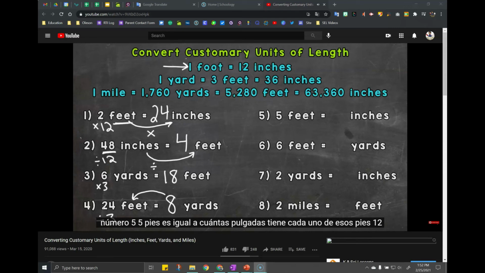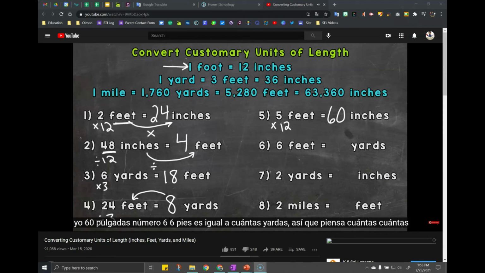Number 5. 5 feet equals how many inches? Well, each one of those feet has 12 inches, right? And I have 5 groups of 12. So I'm going to do 5 times 12, which gives me 60 inches.